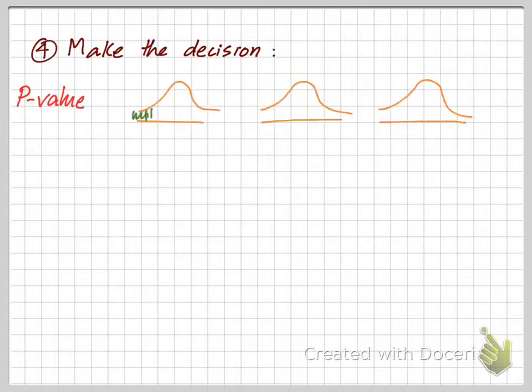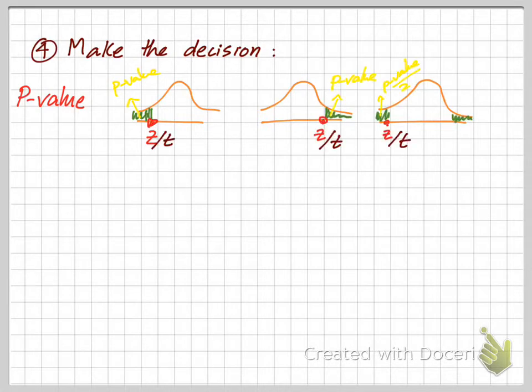The next step is you're going to make decisions. In making decisions, you can use either p-values or critical values. So how can we use p-values to make decisions? We can find p-values using the z or the t standardized test statistic that we found in step 3.